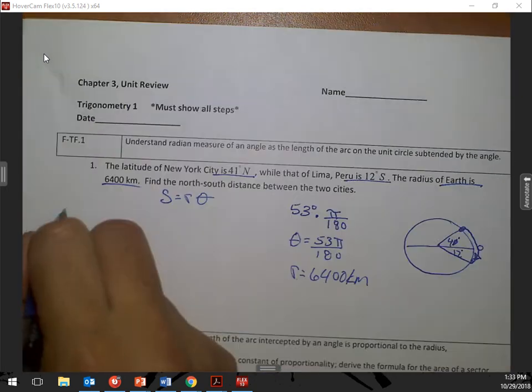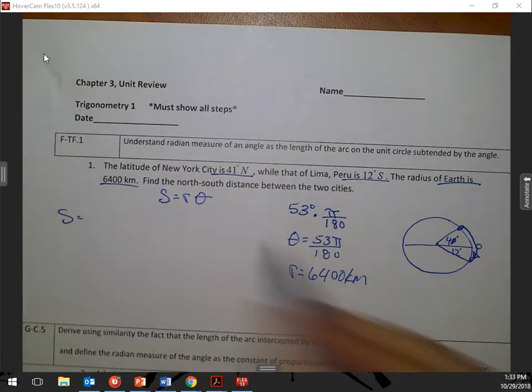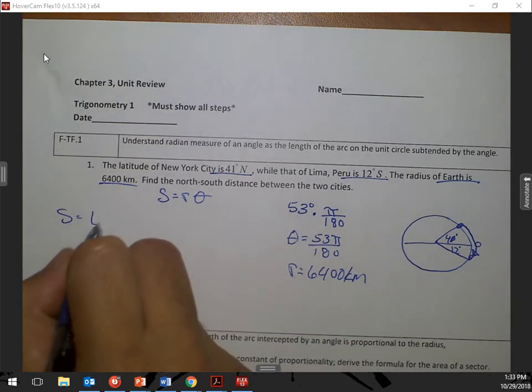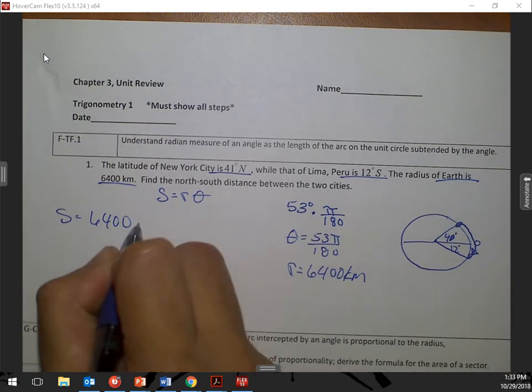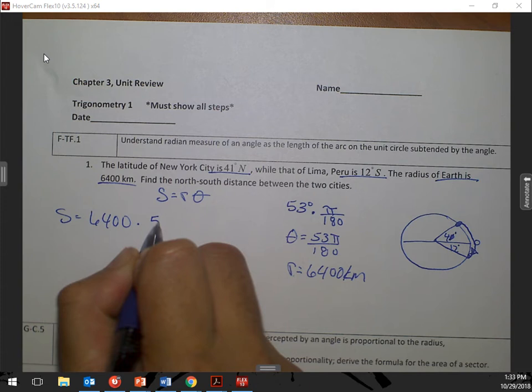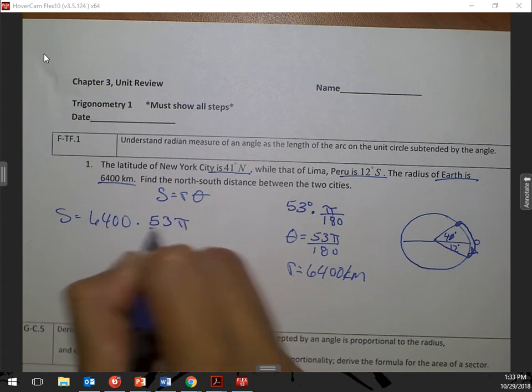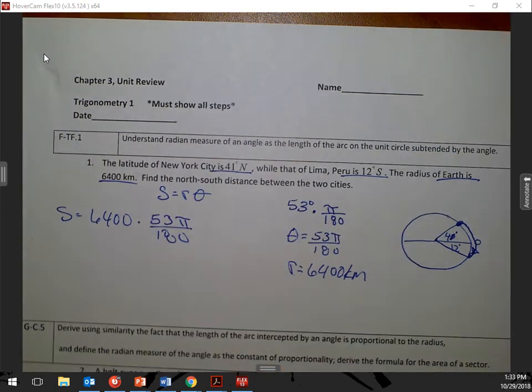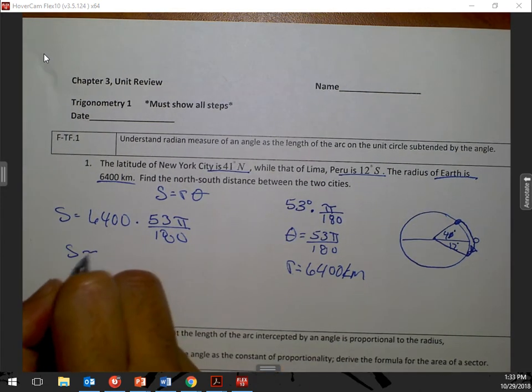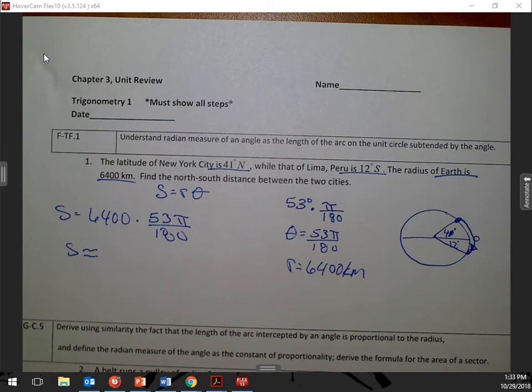So S equals r theta, so it's 6,400 times 53 pi over 180. So where'd you get that 53? Oh, you added them.